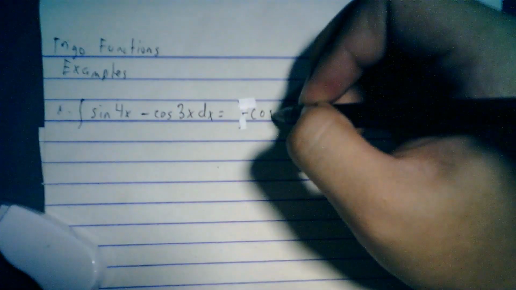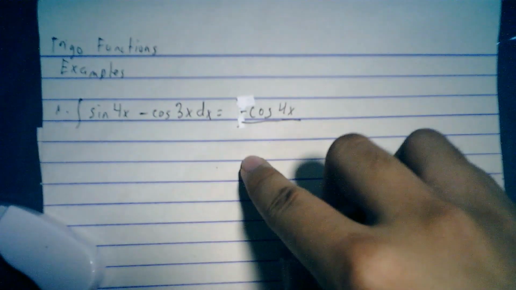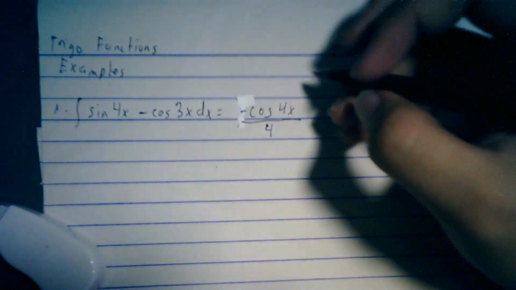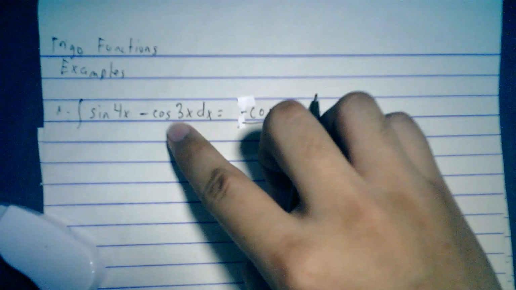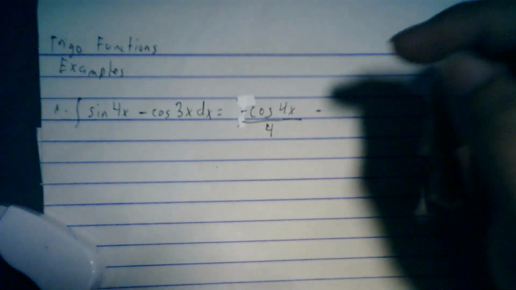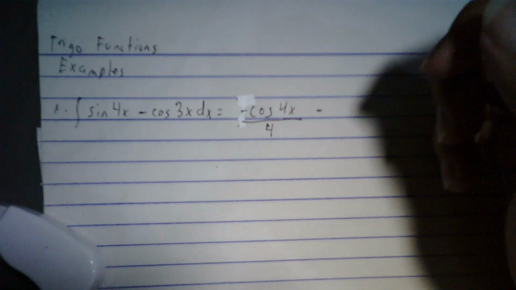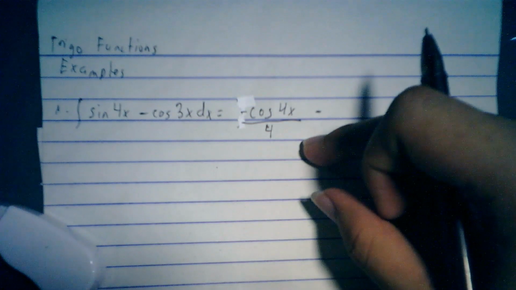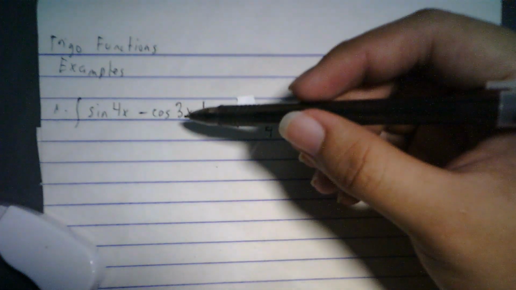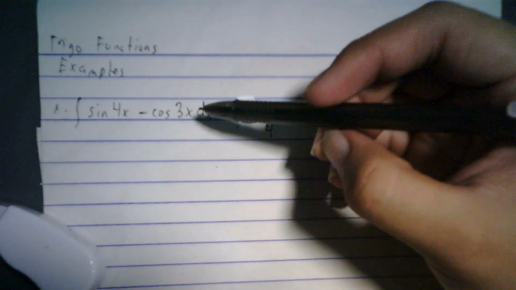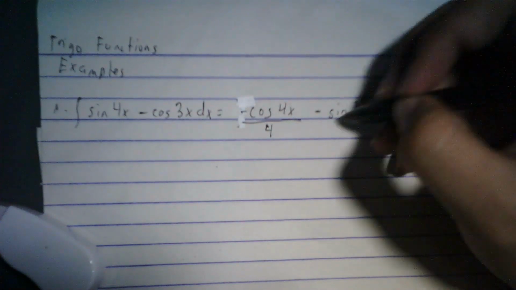So negative cosine 4x over 4, minus the integral of cosine 3x, which is sine, so minus negative... wait, cosine integrates to sine, so it becomes negative sine 3x over 3 plus c.